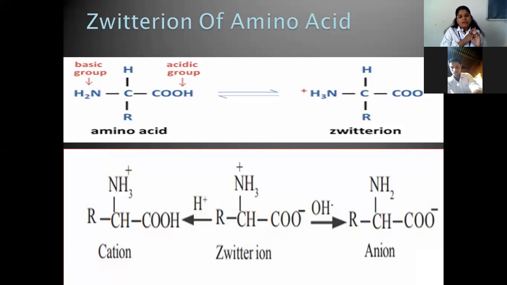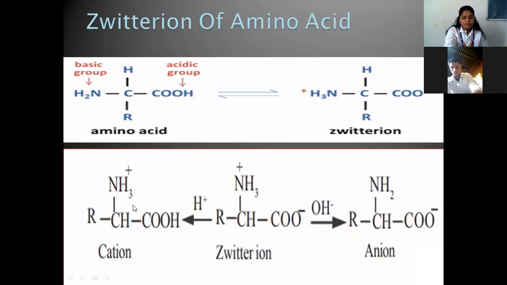If we maintain an alkaline pH, alkaline pH means pH more than 7. In alkaline pH, the amino acid is present as an anion, meaning this thing, C double bond O O. And if we maintain an acidic pH, at that time it will act on the amino group and it becomes NH3.